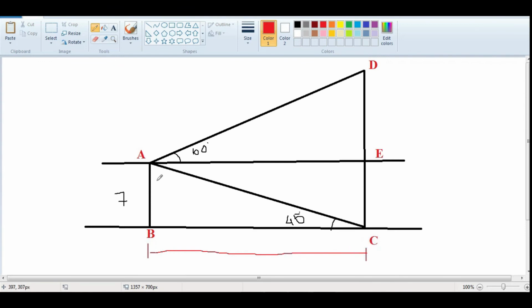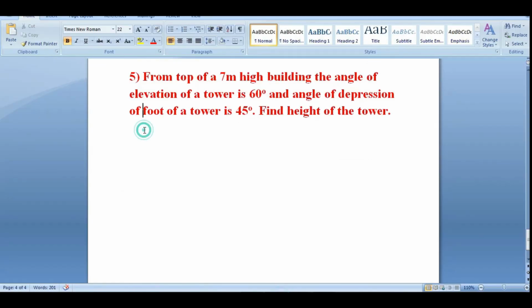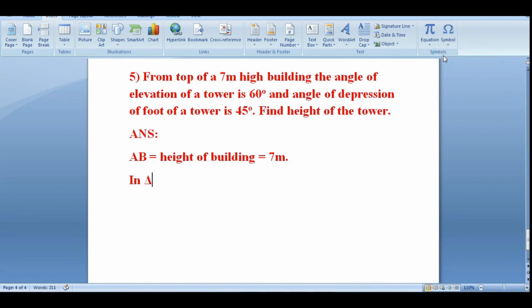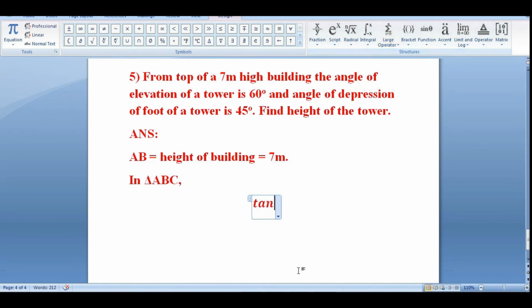So what we can do, at first we have to apply the tan formula in the smaller right angle triangle, that is ABC. So how much is the angle?